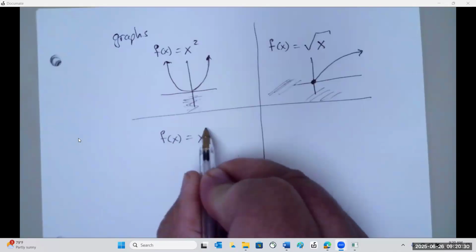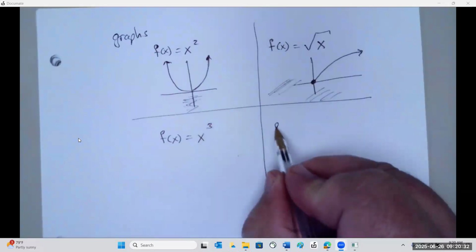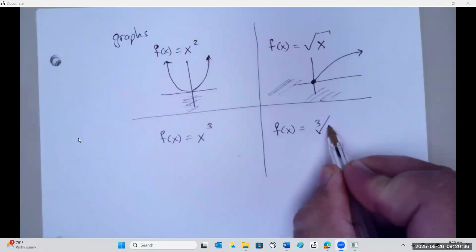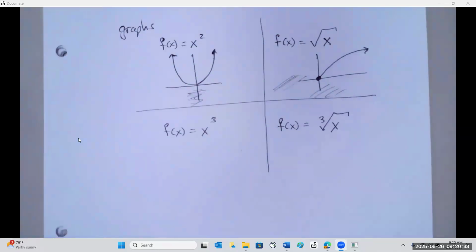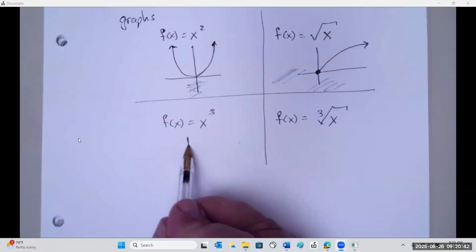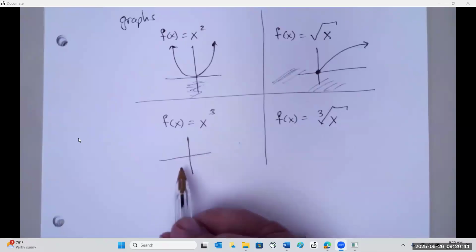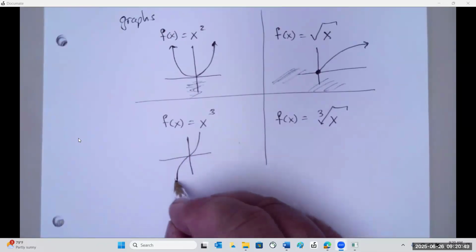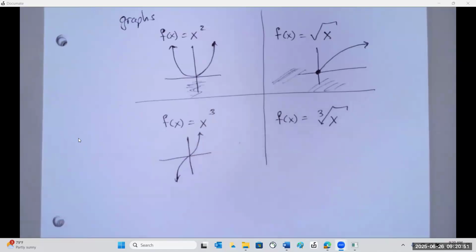If f of x is x cubed, or if f of x is the cube root of x, then for x cubed, you can put negatives in there and get a negative answer, or you can put positives and get a positive answer. Basically, it's all real numbers.